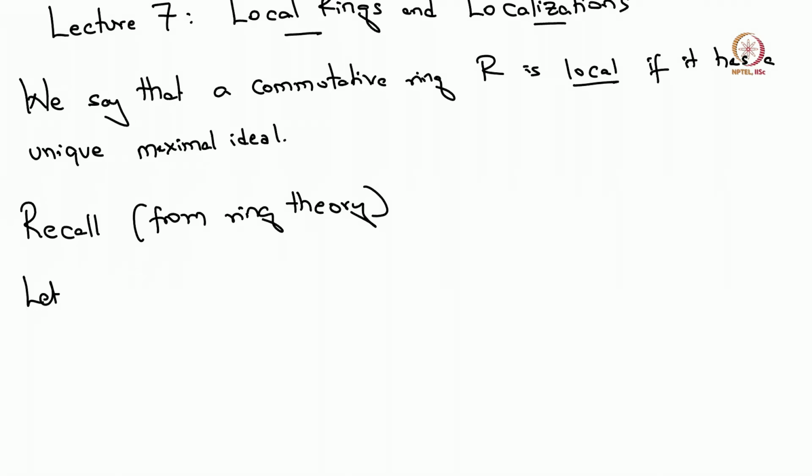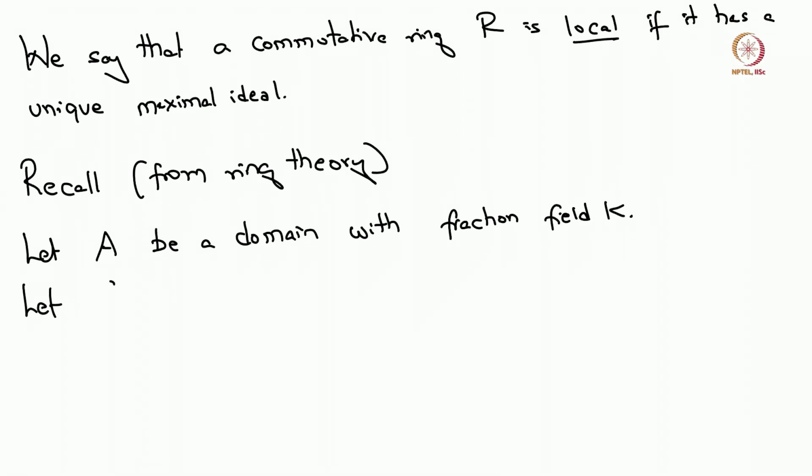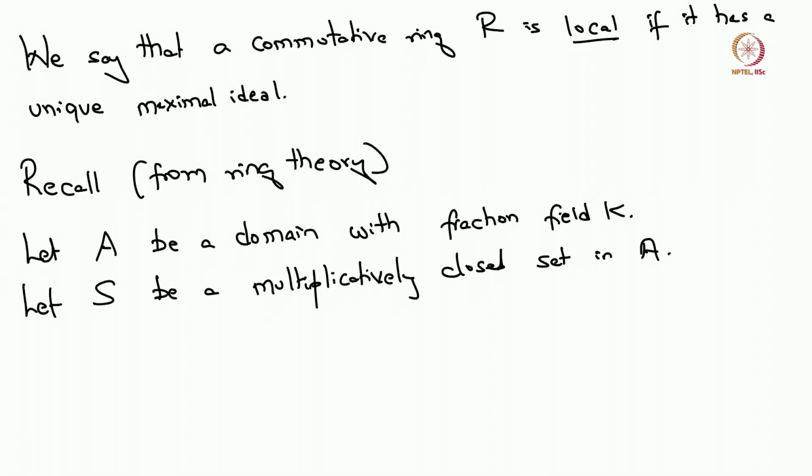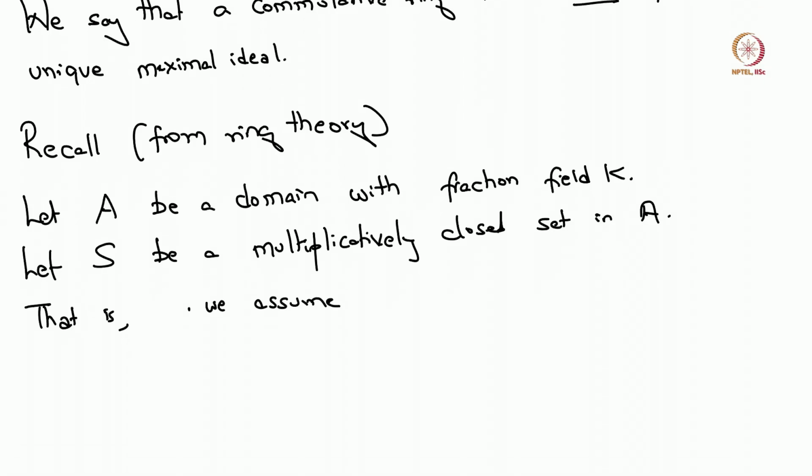So the setup is, we work with a simplified setup. Let A be a domain with fraction field K. And take a multiplicatively closed set in A, by which we mean, we say that the set S is multiplicatively closed.